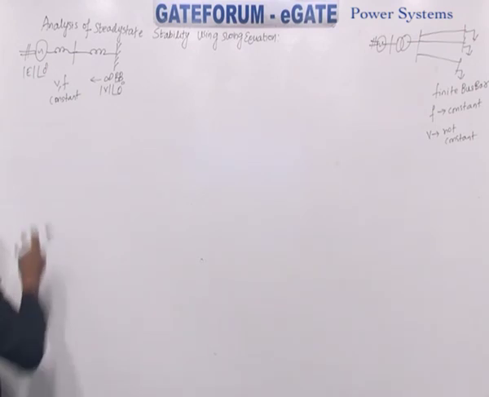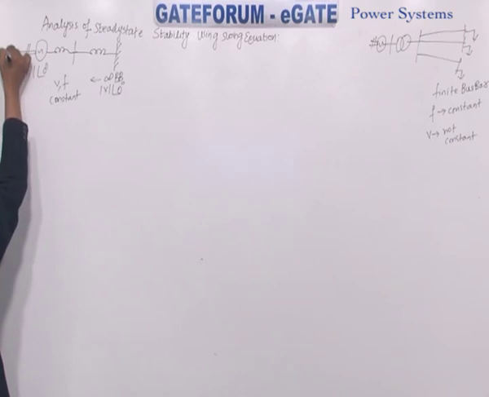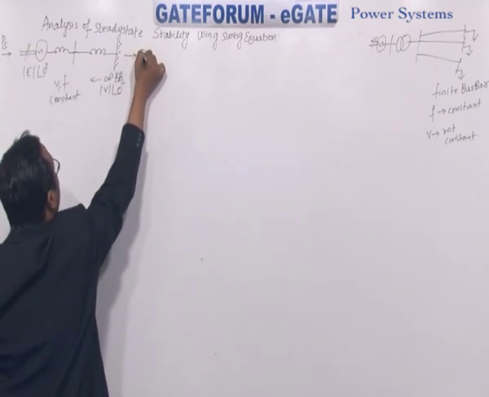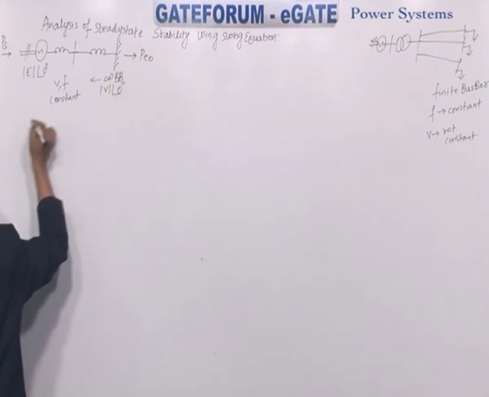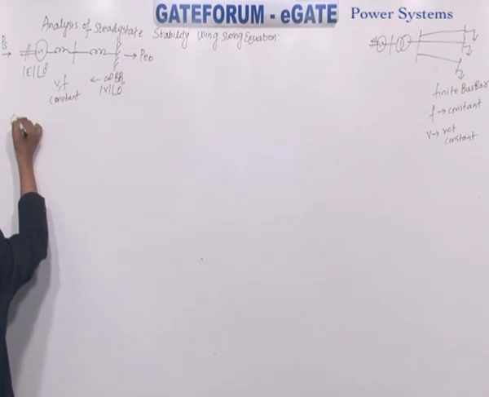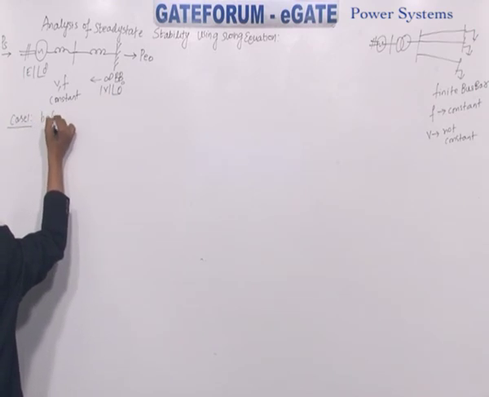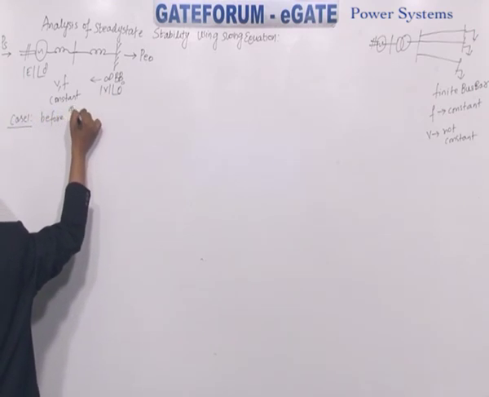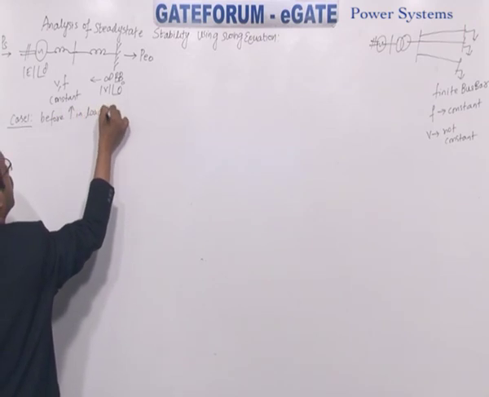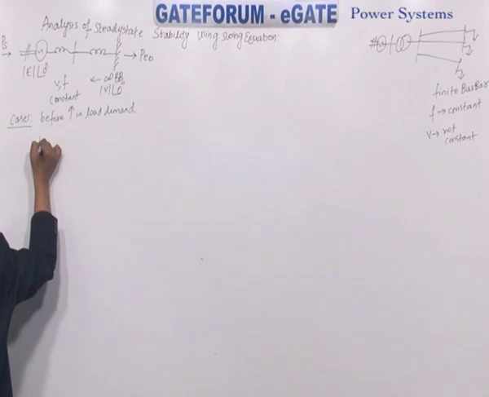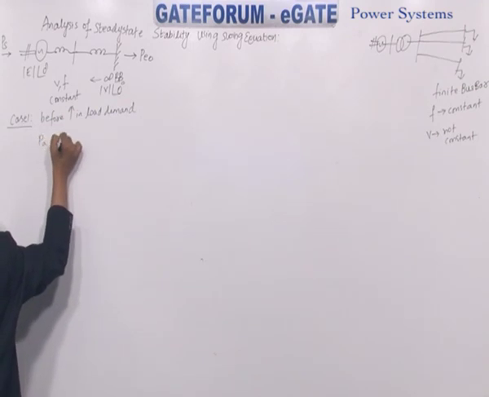Now initially, say the mechanical input is Ps and the electrical output is some Pe naught. So case 1 is before the increase in load demand. What about Pa?